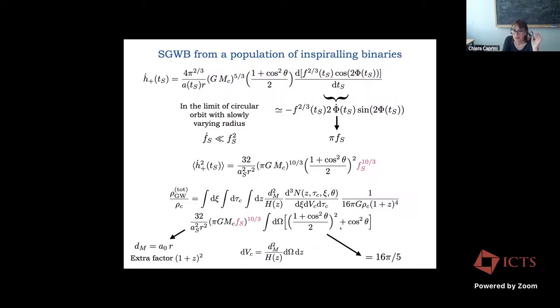I don't think this is a far-fetched assumption. There is no reason why there should be a characteristic inclination angle of the population with respect to us, because we are no special observer. So I think of all the assumptions here, this is pretty good. Eccentricity is completely different from this. It has nothing to do with the inclination angle.